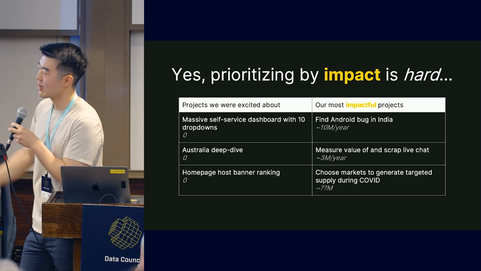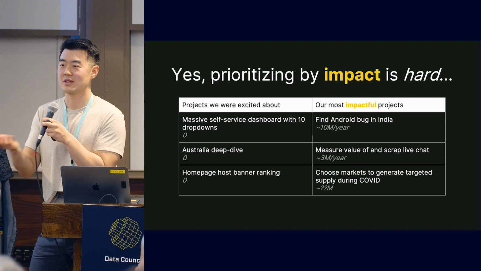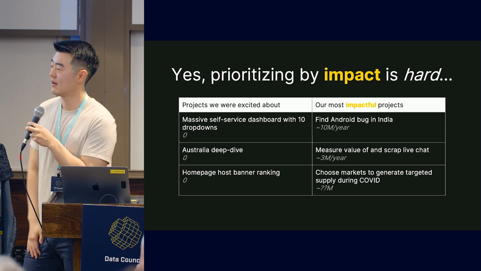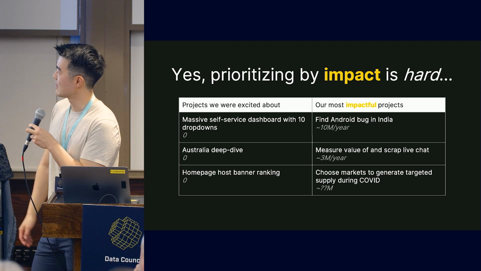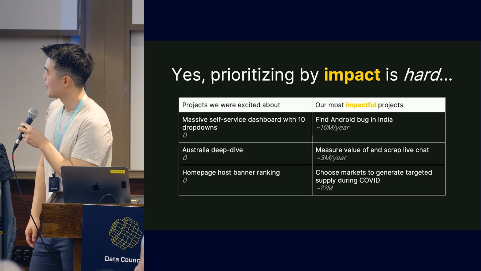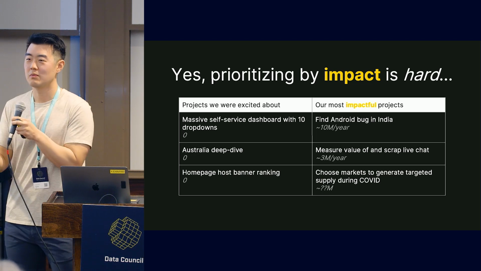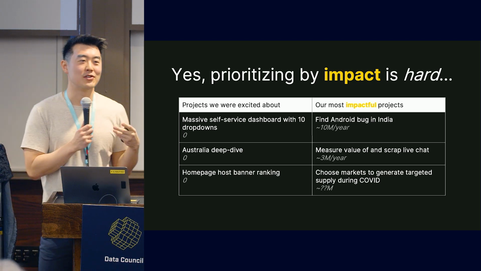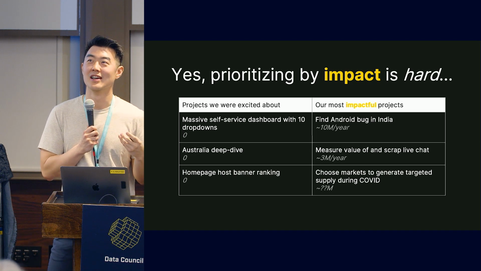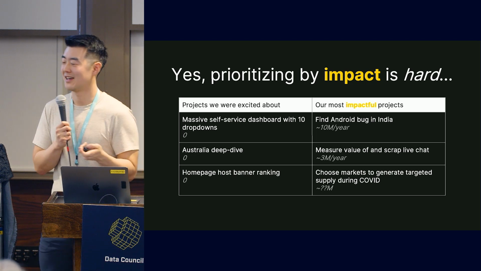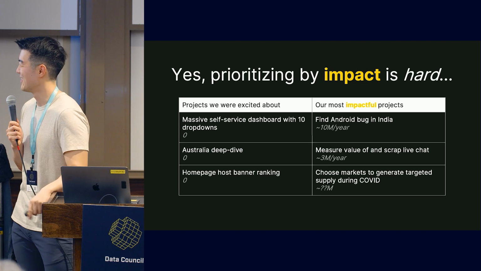We also looked into our live chat. We realized that on a deep dive, there was actually no real value there. So we canceled that, saving millions of dollars. This last one, I think you can probably all guess, but Airbnb during COVID is a really difficult business to be in. Understatement, right?